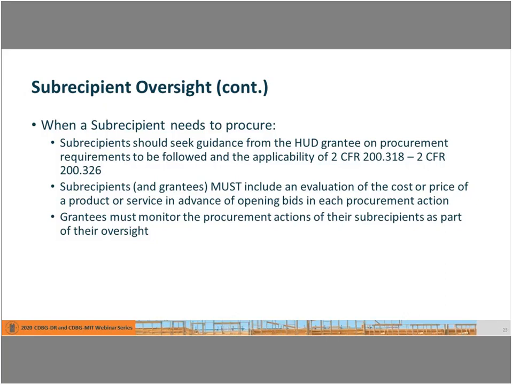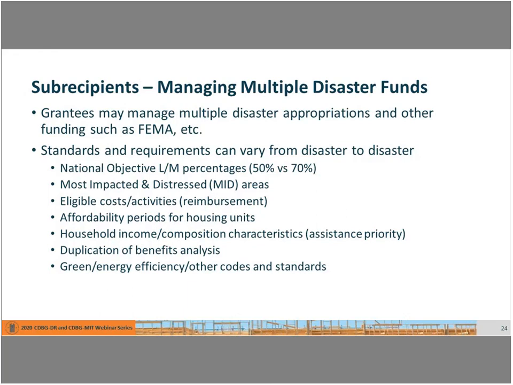And the key thing here is that, especially in procurement, we need to make sure that the procurement meets the basic standards as articulated in Part 200, specifically fair and open competition. So these are important elements when we look at a subrecipient and we're assessing the capacity of the subrecipient. We really need to know whether or not they have the experience and the ability to procure, so that procurement doesn't tie up or call into question the larger objectives of the disaster recovery effort.